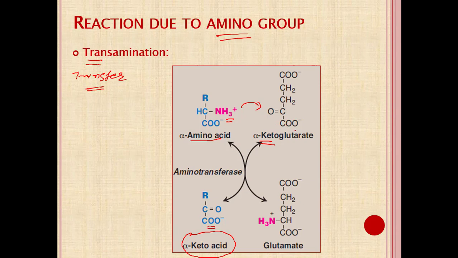And the molecule that receives the amino group already has a keto group; it receives the amino group and is now converted into an amino acid. So it is a paired reaction: one amino acid and one keto acid are converted into one new amino acid and one respective keto acid. The enzyme required for that reaction is known as aminotransferase or transaminase.